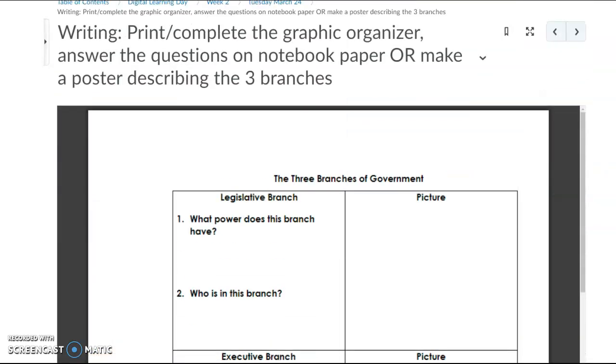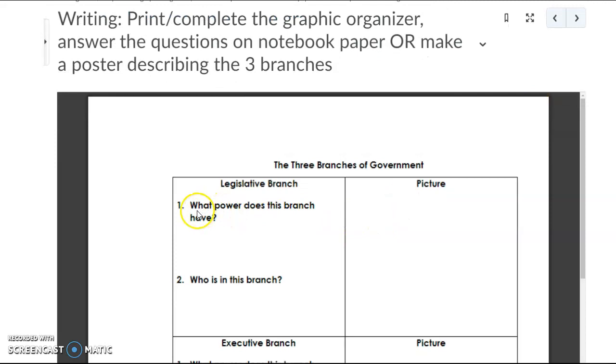All right, so let's look at the first answer. The first question, What power does this branch have? Look at the keyword right here. What is it asking you? It's asking you, what power does this branch have?